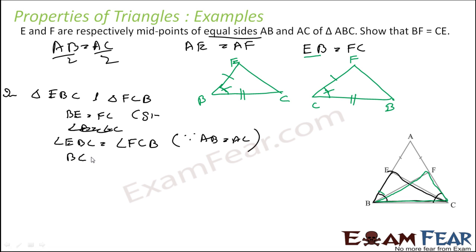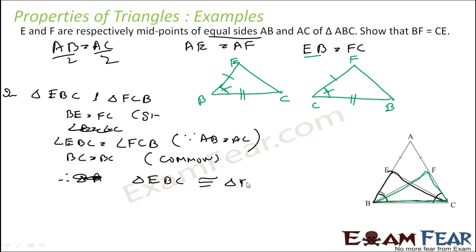And then BC is equal to BC, common. Thus, both the triangles are congruent. Triangle EBC is congruent to triangle FCB. Since they are congruent, I can say that BF is equal to CE. Right? BF is equal to CE.